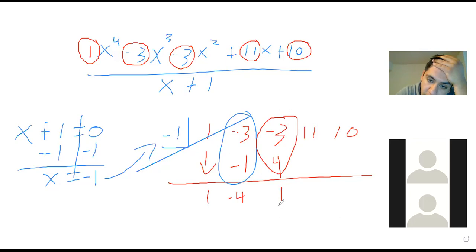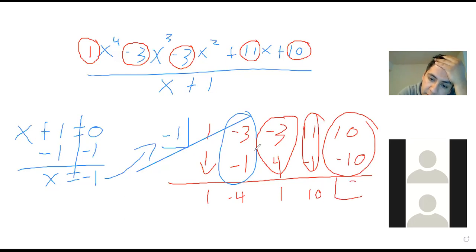So -1 times 1 is -1. We combine these two. So that's 11 minus 1, which is 10. And then -1 times 10 would give us -10. And in the end, we see 10 minus 10, which would give us 0.